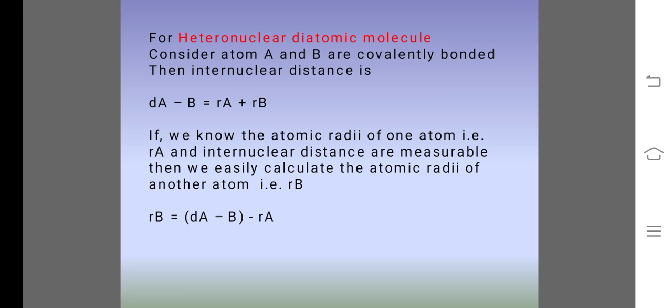If we know the atomic radius of one atom, either Ra, and the internuclear distance is measurable, then we can easily calculate the atomic radius of the other atom, that is Rb, the radius of B, equal to the distance between A to B minus Ra.